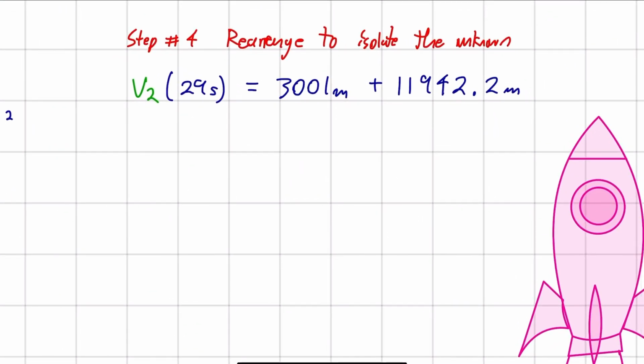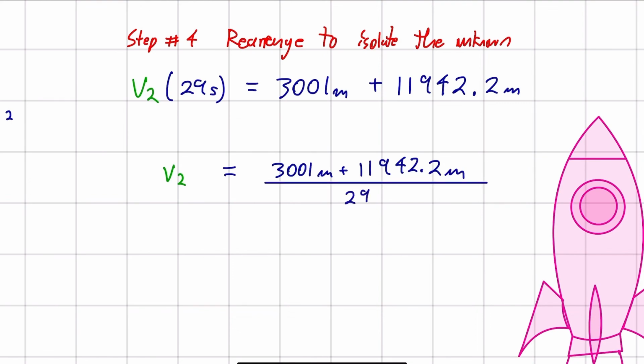Now the next step here is going to be to get rid of this 29 seconds by dividing it away. So when we divide both sides by 29, that eliminates it with the v2, and our equation becomes 3,001 meters plus this mess of meters all over 29 seconds.